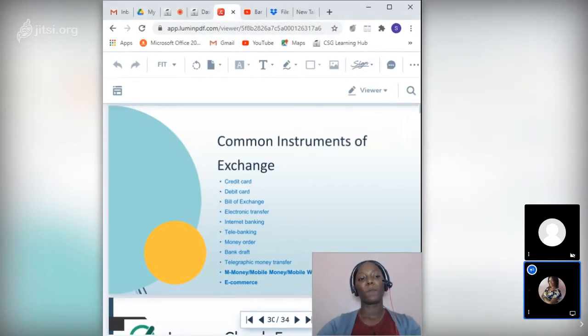All right. And the next one that we have here, another convenient instrument of exchange, is telebanking. Telephone banking services allow customers personalized service to speak directly through the phone to a bank employee regarding any issues or concerns with their bank accounts. For example, to arrange a payment to an electricity supplier, here in Jamaica, JPS, or another business that has supplied goods or services.